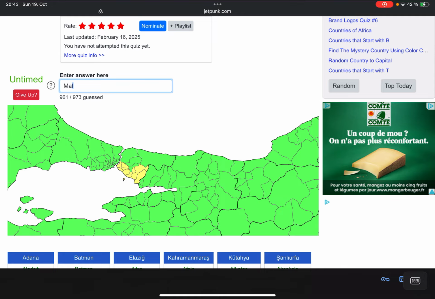We have Maltepe, Pendik, Tuzla, Kartal, Sultanbeyli, and here the small district of Adalar, which just means islands basically. We have Ataşehir, Üsküdar, Ümraniye, and the last one is Kadıköy.